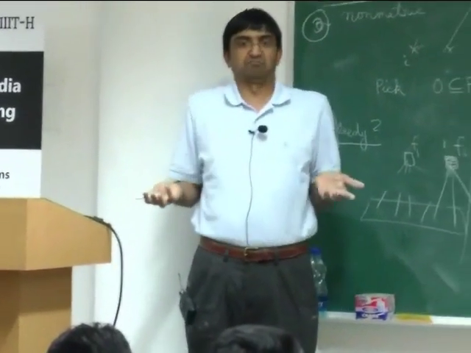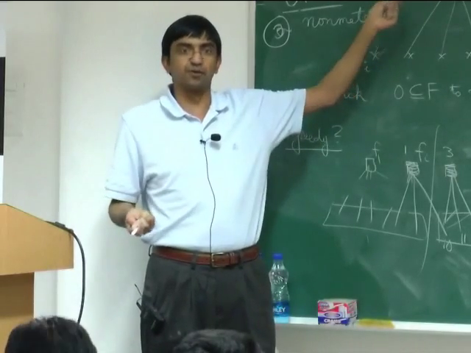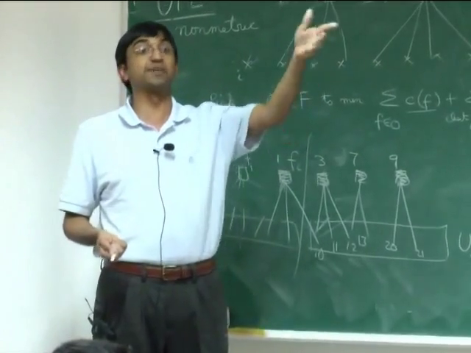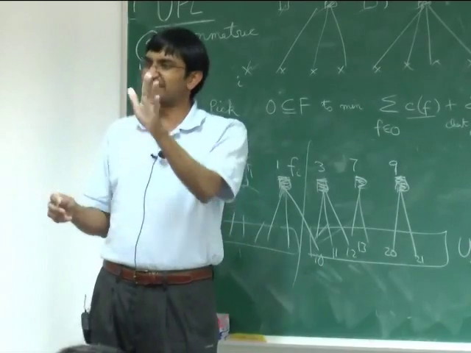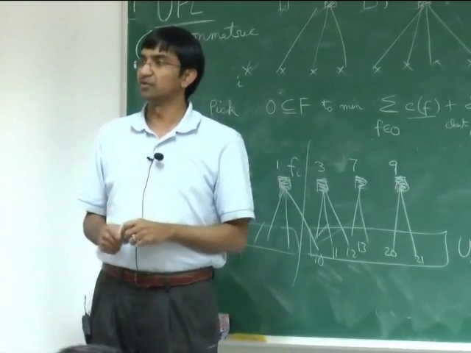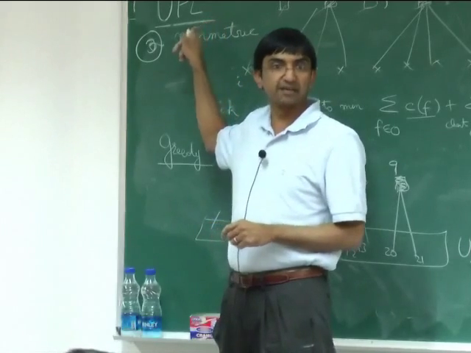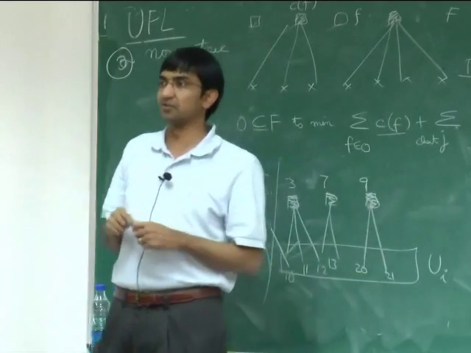Doing better than log n for this version of facility location would be improving the log n for set cover, which is known to be NP-hard. So except for a constant factor, you cannot improve that log n algorithm. This is the best possible approximation within constant factors for this problem. This is due to Dorit Hochbaum, who wrote a paper about it many years ago.